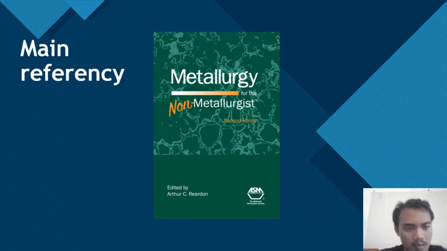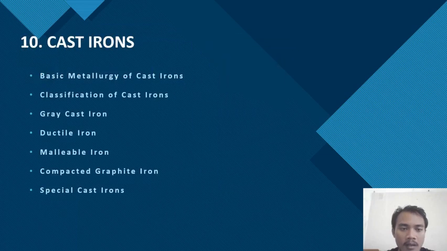I take my reference from the book Metallurgy for the Non-Metallurgist, Second Edition, edited by Arthur C. Reardon. In the chapter on cast iron, we have 7 sub-chapters: Basic Metallurgy of Cast Iron, Classification of Cast Iron, Gray Cast Iron, Ductile Iron, Malleable Iron, Compacted Graphite Iron, and Special Cast Iron.